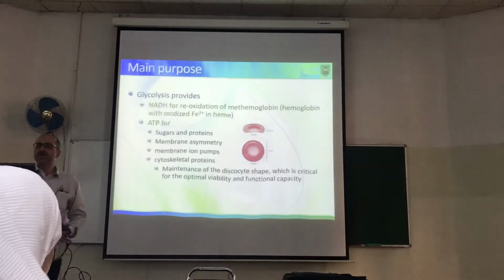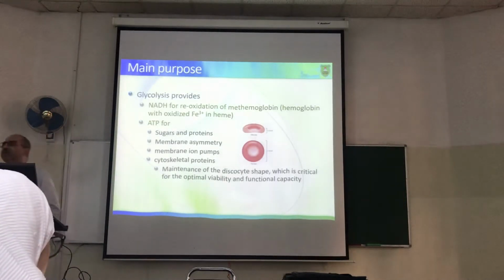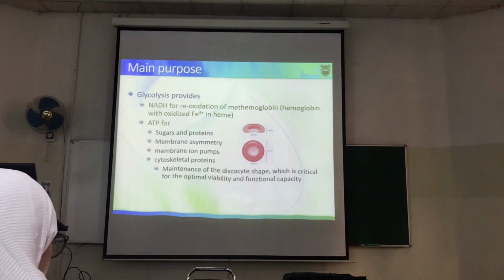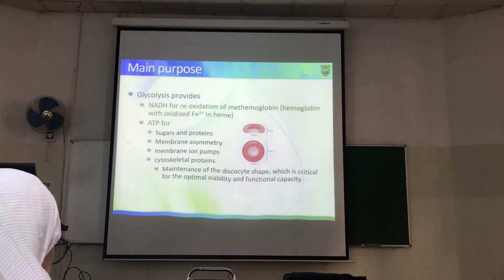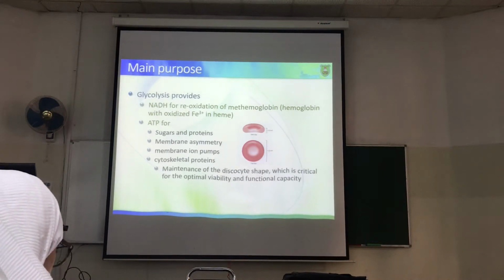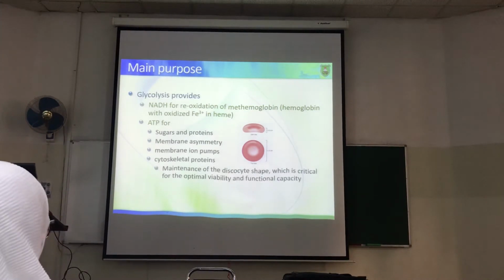Okay. So let's talk about glycolysis in erythrocytes. Glycolysis is the main metabolic pathway in erythrocytes. There is no mitochondria in red blood cells, and as a result, glycolysis is the only source of energy, the only source of ATP.